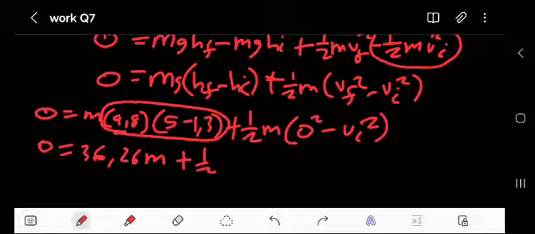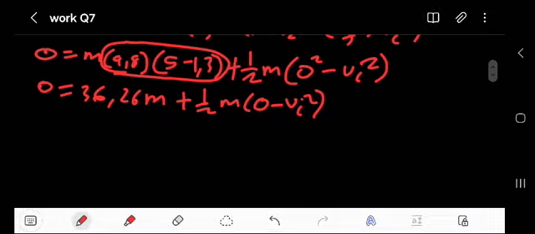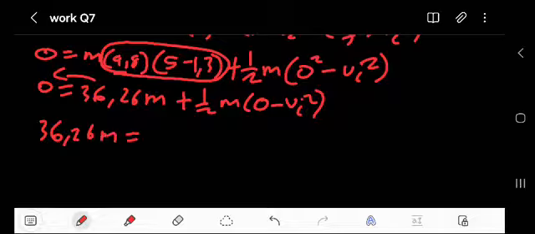Since 0 squared is 0, 0 minus, it will simply be 0 minus vi squared. It's what we'll have. We don't know that, isn't it? So let me take this to the other side. Let me transpose 36.26 there. We'll have 36.26 m is equal to 1 over 2 m into minus initial velocity squared.